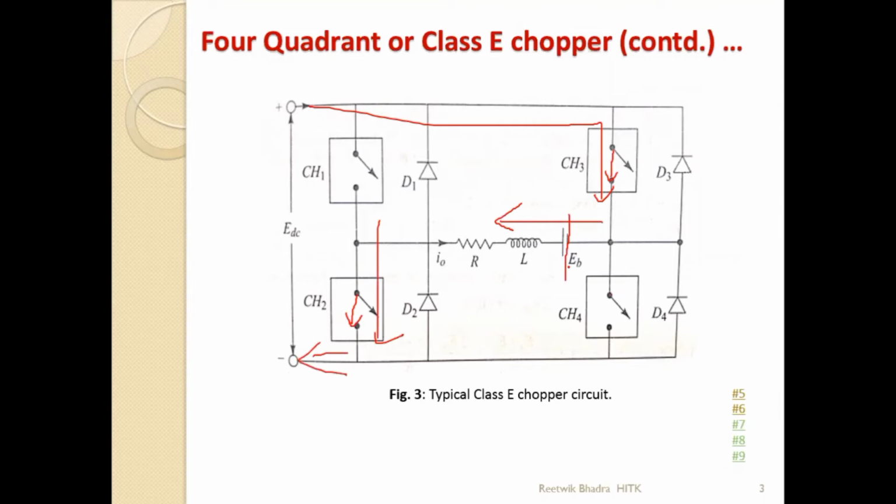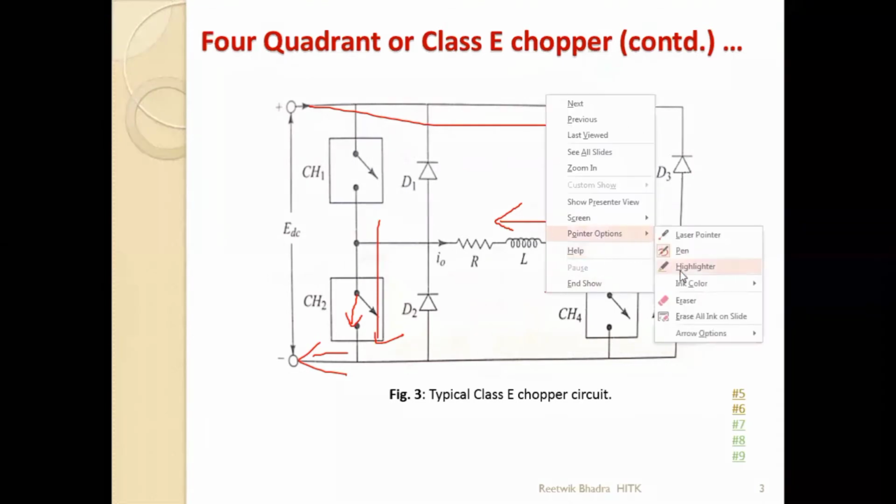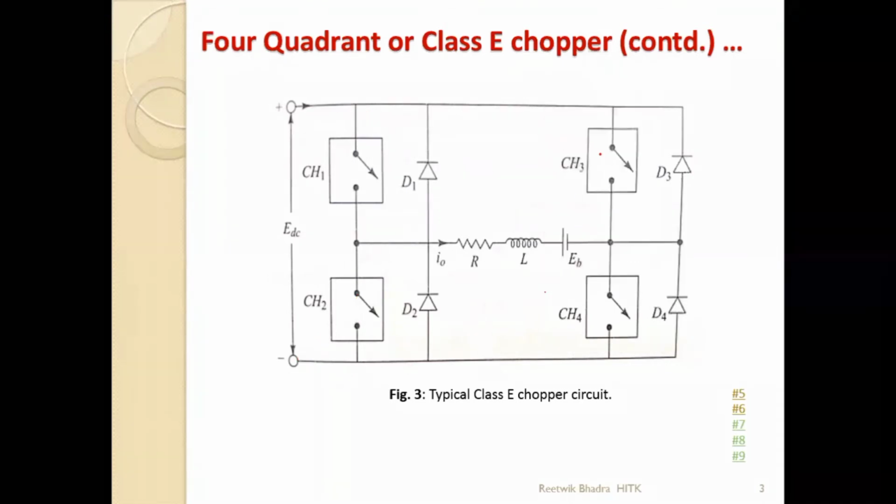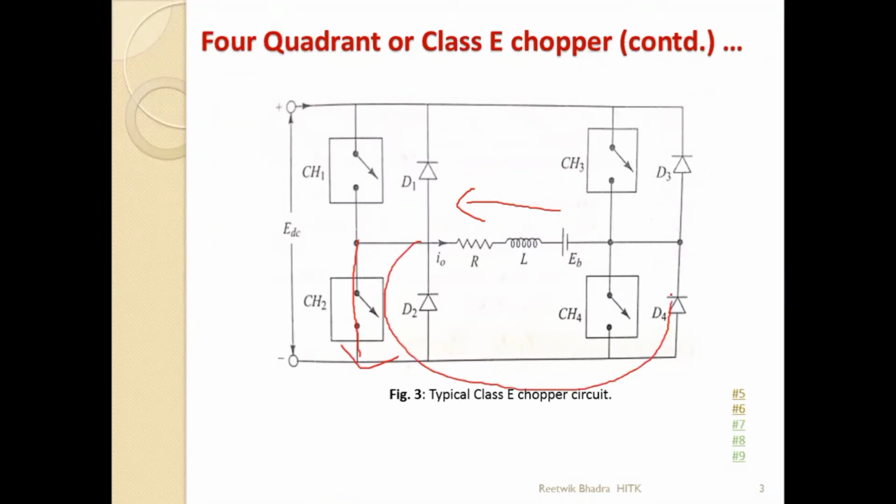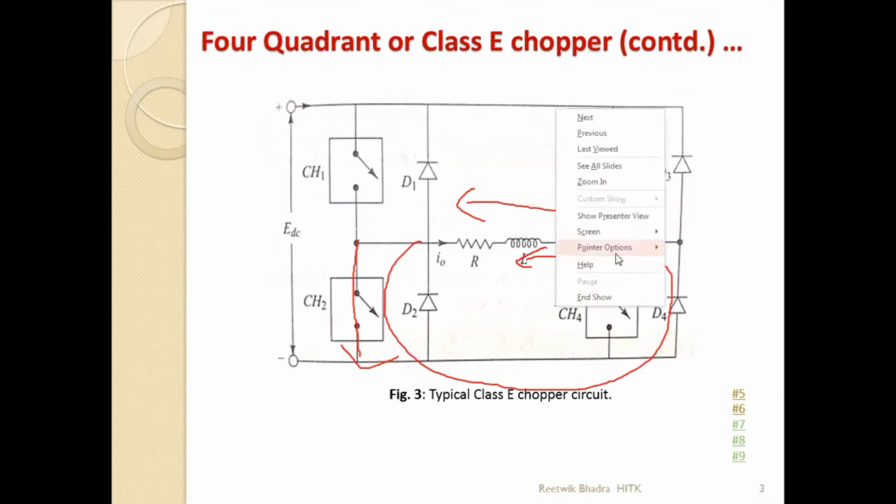Okay, so this becomes my circuit when both switches are on. And when CH3 is off, so current flows in the same direction only, because inductor will discharge in the same direction. This CH2 is always on, so it will complete a path through D4 and complete its discharge. So this is what we'll discuss in our main slide.